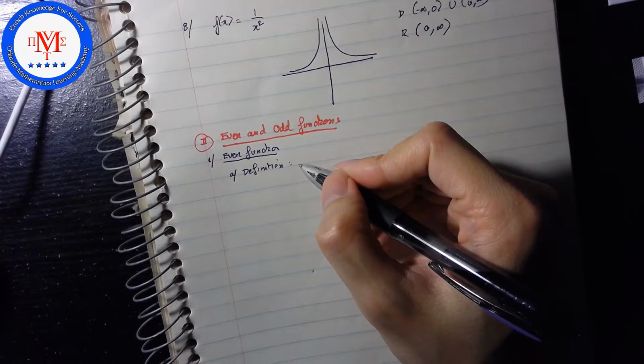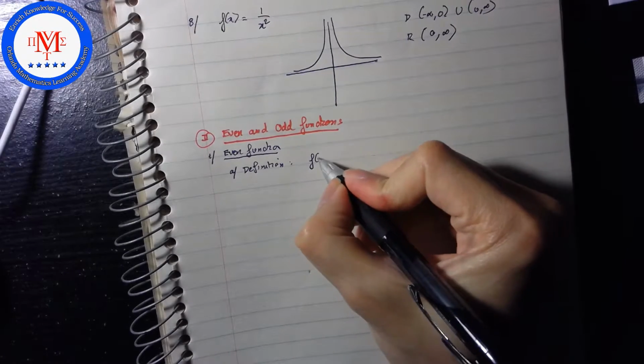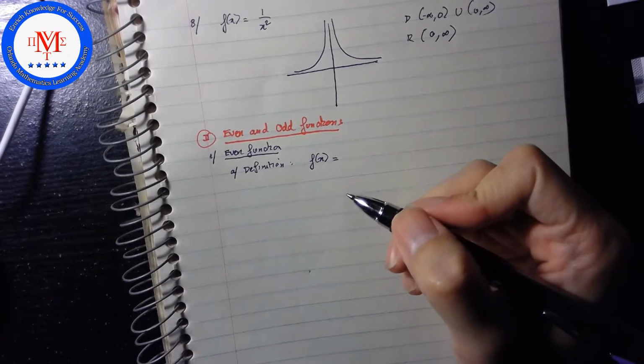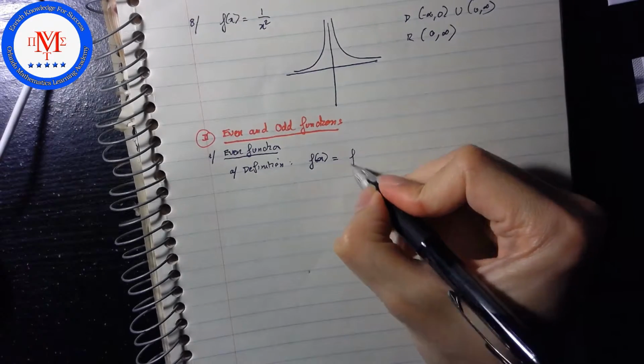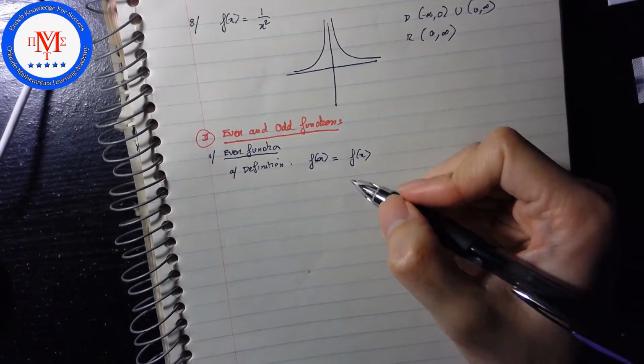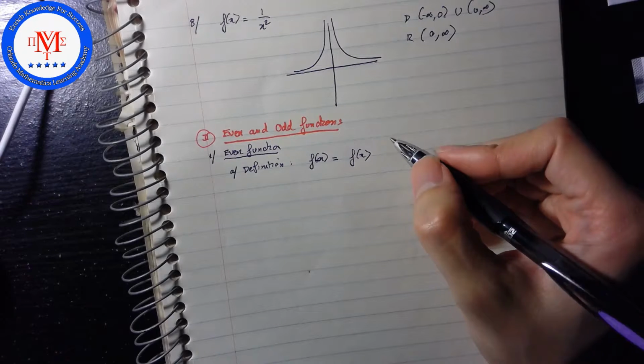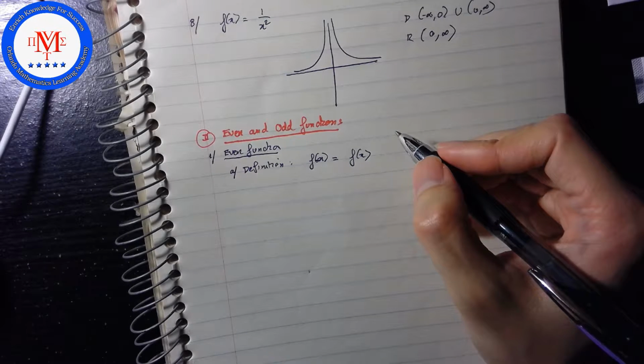I'm sorry, f of negative x equal to f(x). Okay. Example.